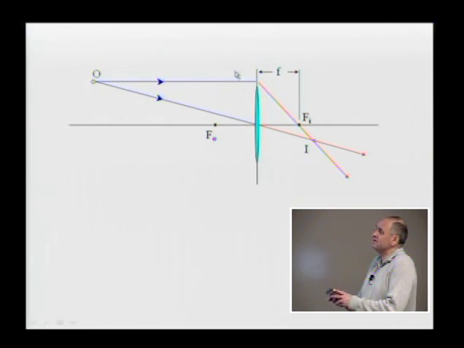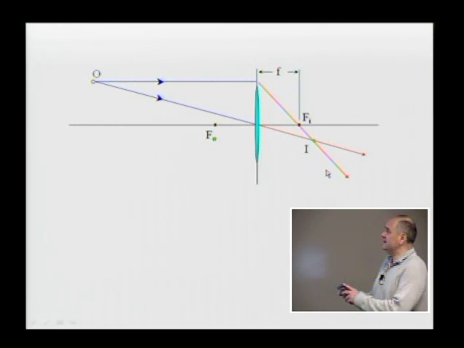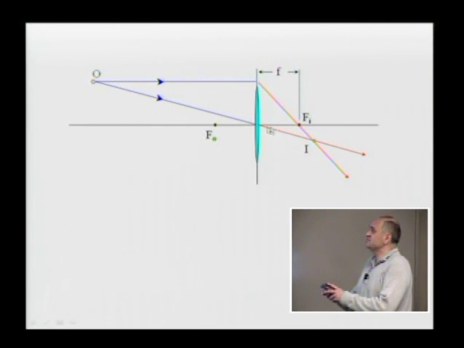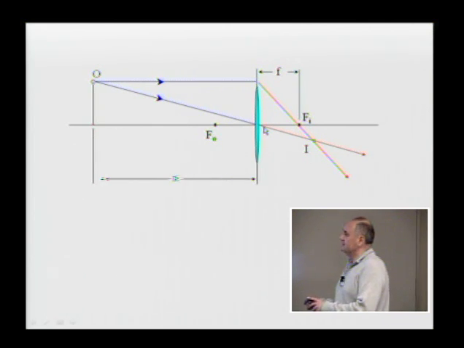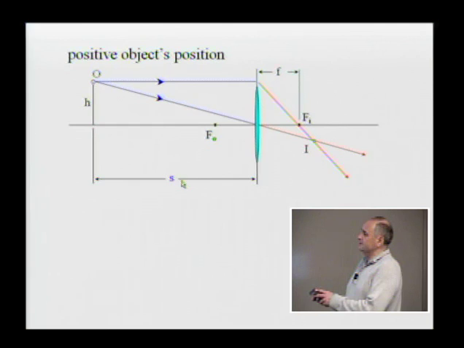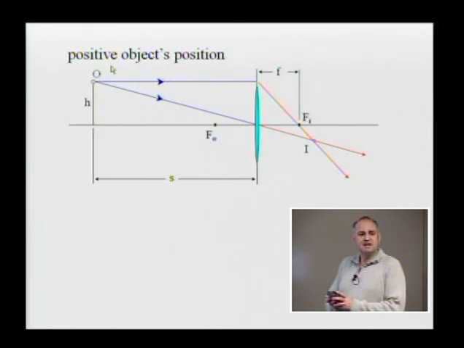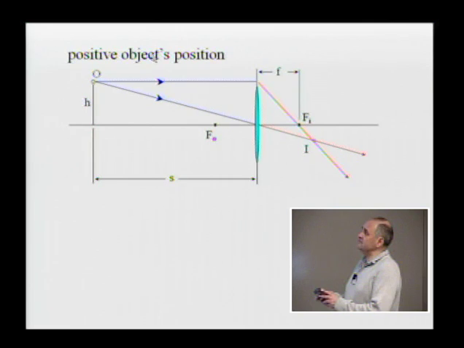However, since I drew a ray diagram over here using the chief ray, object focal ray, object parallel ray and image focal ray, this distance is now more important. So let's say that the component of position of the object is S, and if the object is on the side of the light, we assign a positive value for the position of the object.